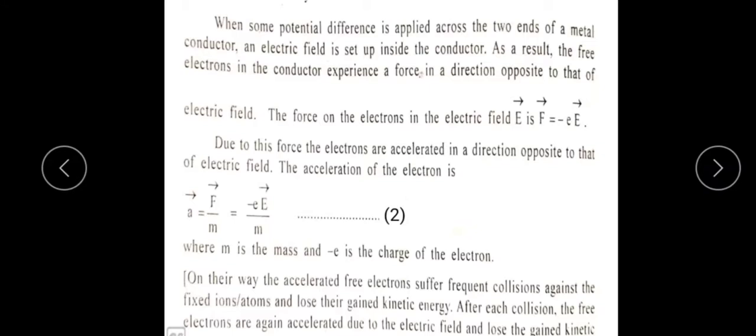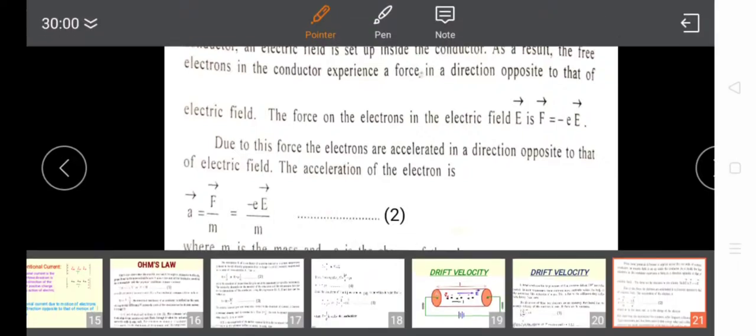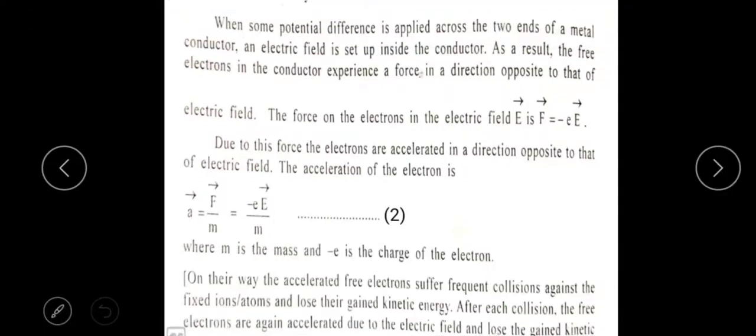The force on the electron in the electric field is F equal to minus e into capital E. This is a definition we already learned in the first chapter: electric field is equal to the force experienced by a unit positive charge. Here the charge is an electron.